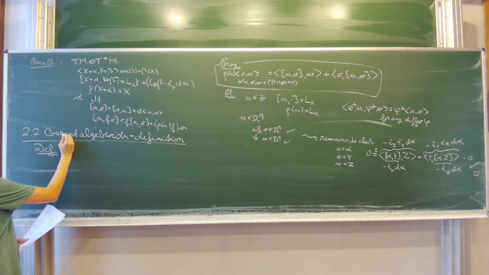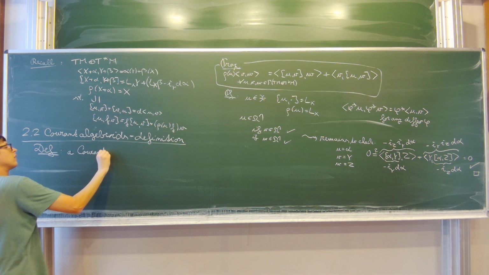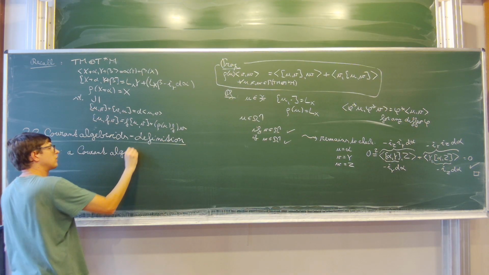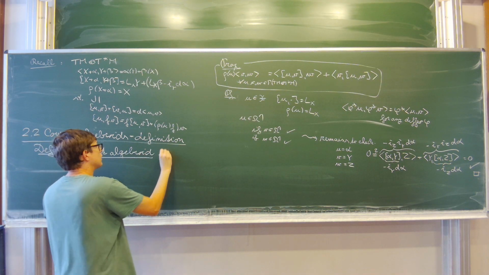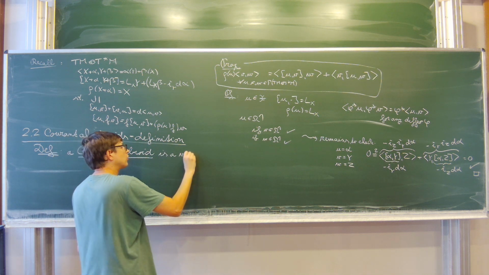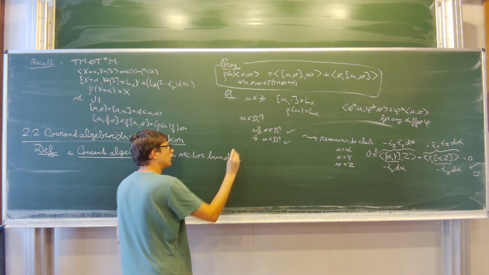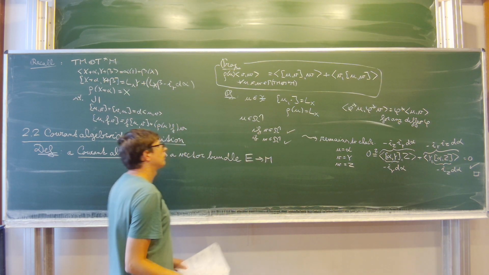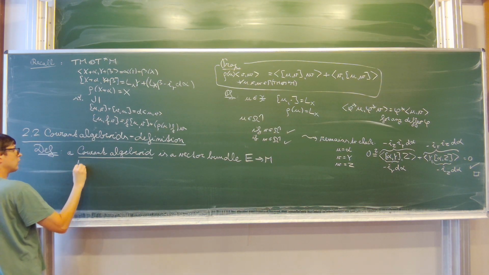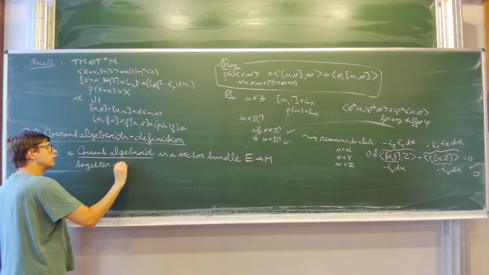Definition. A Courant algebroid is a vector bundle, let's call it E over M, together with some extra structure.